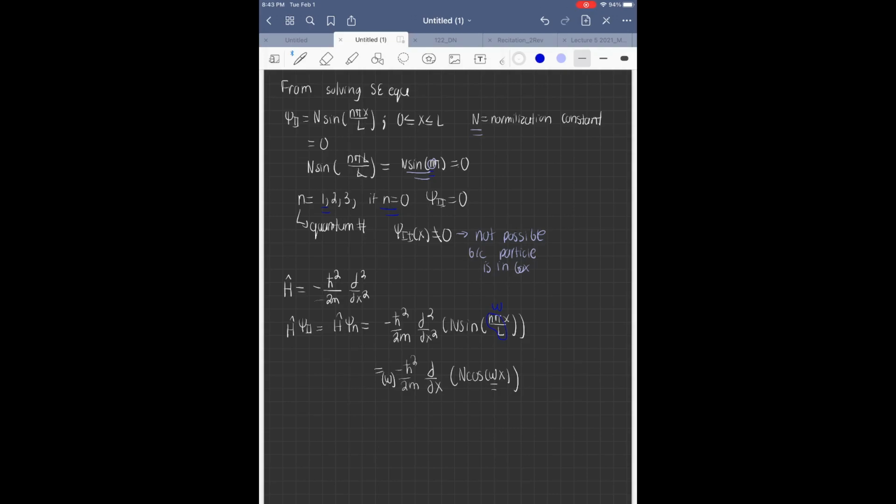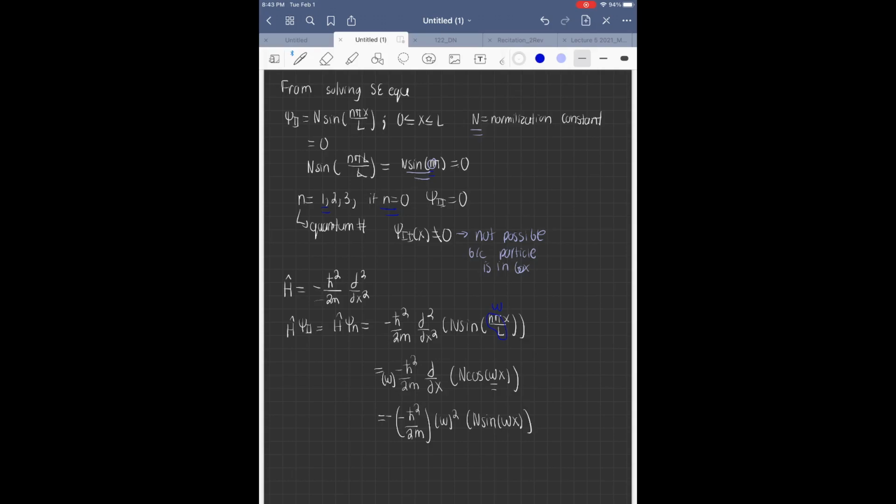Then we're going to take the derivative again, and you're going to get negative h bar squared over 2m. You're also going to have a negative from the cosine, because the derivative of cosine is a negative sine. And then w squared, because you take another w out, and then you're going to have n sine of wx, which is the original function.